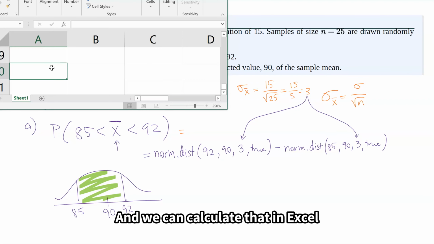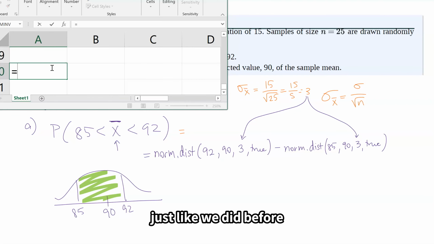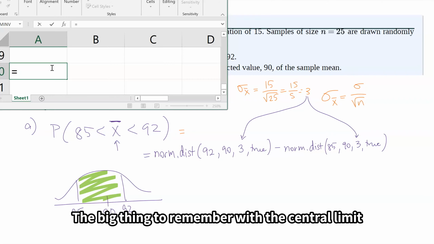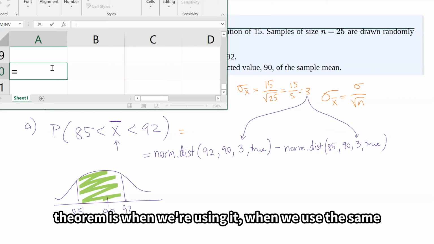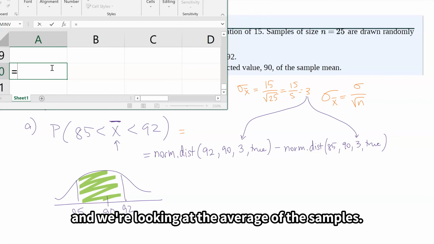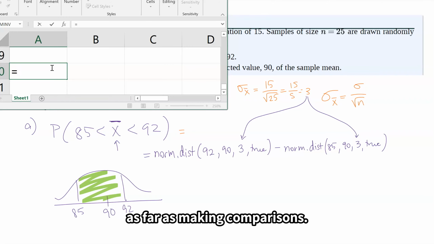And we can calculate that in Excel, just like we did before with our other normal distributions. The big thing to remember with the central limit theorem is that when we use it, we're taking samples and we're looking at the average of the samples as far as making comparisons.